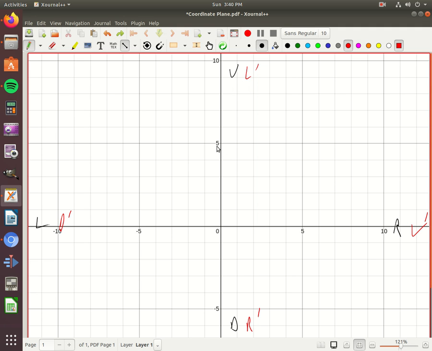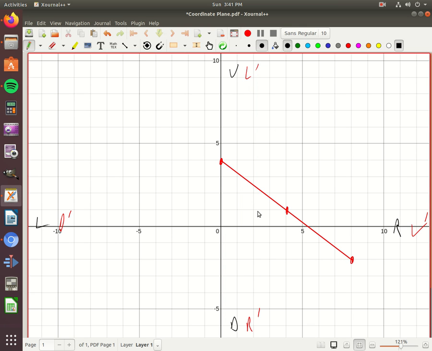And then they wanted one with the slope of negative 3/4. So let's go ahead and just go from here. I'm going to go down 3 and over 4. The problem is I don't have points, which I guess I need. So down 3 and over 4.